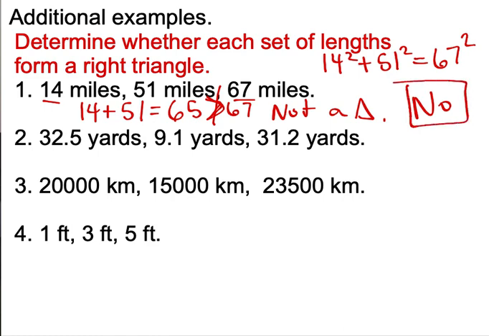Okay, next one. 32.5 yards, 9.1 yards, and 31.2 yards. The 32.5 yards is the one that might be the hypotenuse. So 9.1 squared plus 31.2 squared might equal 32.5 squared.